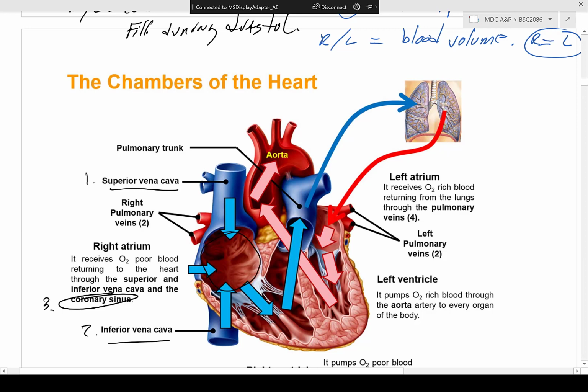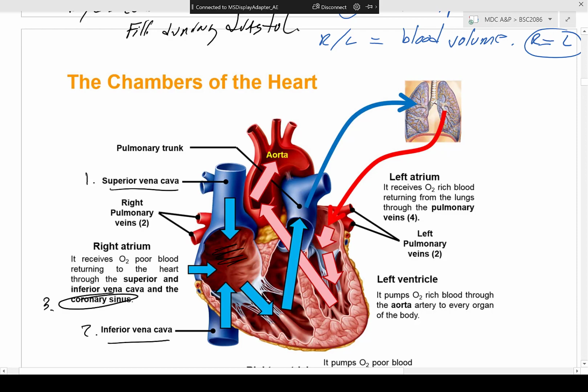Blood enters the right atrium. That's deoxygenated blood, low amounts of oxygen, high amounts of CO2. And then as the blood fills in here, the pressure increases, and now you're able to do what? To send blood through the right ventricle. Everybody got it?